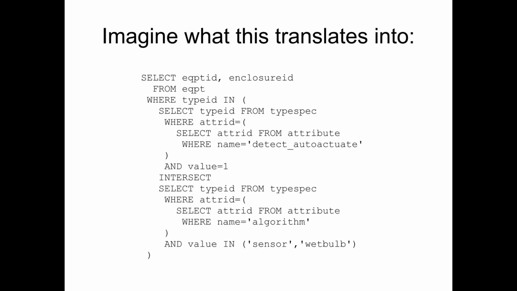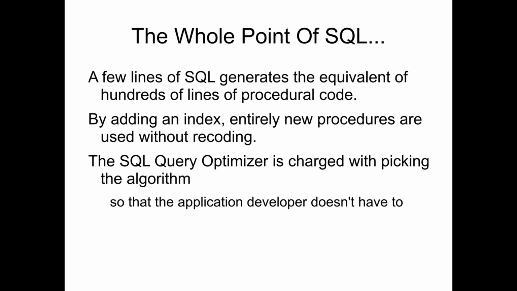There are perhaps a few thousand ways you might have implemented something like this. And you really don't want to take the time to write the several thousand lines of C code that it would have taken to do this manually, nor do you want to worry about all the different algorithms that you might employ and then get close to delivery and discover that you want to rewrite it with a different algorithm and spend a couple of weeks redoing it. So the beauty of SQL is it does this for you automatically.